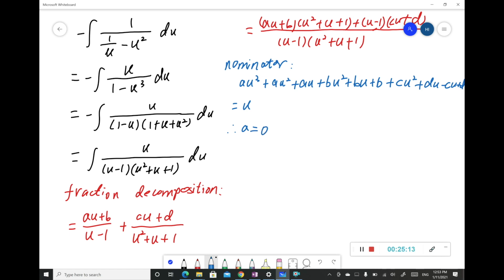So a will equal 0, since the right side has no cubic item, and the square item is similar.